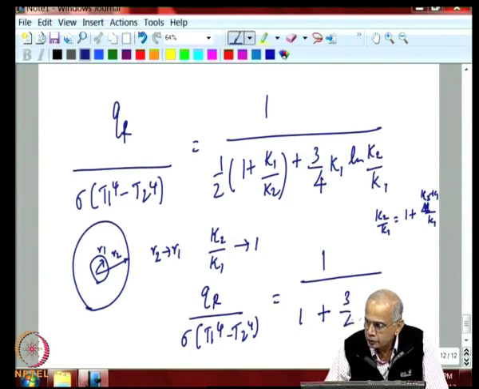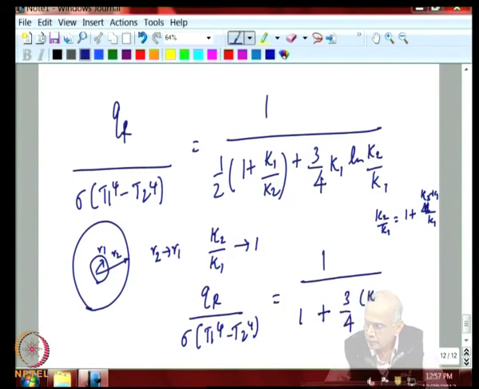So, it will be 3/4 into kappa 2 minus kappa 1 by kappa 1. And so, this can be thought over the total optical depth, and you can see this result now approaches the one we had, which is 1 by 1 plus 3/4 kappa 0.